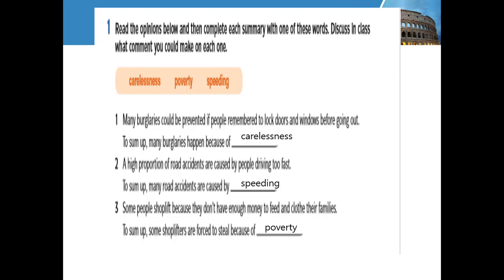Alright, for number 2, maybe you can write down your comment. Drivers should always obey the speed limit so fewer accidents happen. Or police should use radar guns and fine drivers for breaking the speed limit.